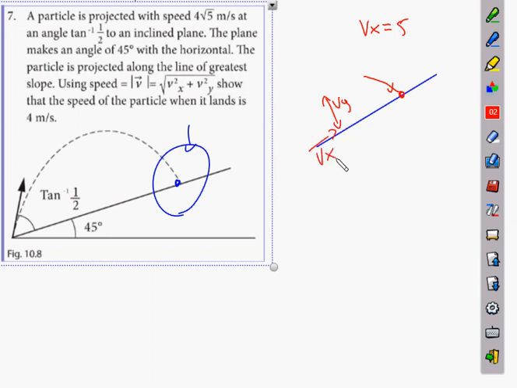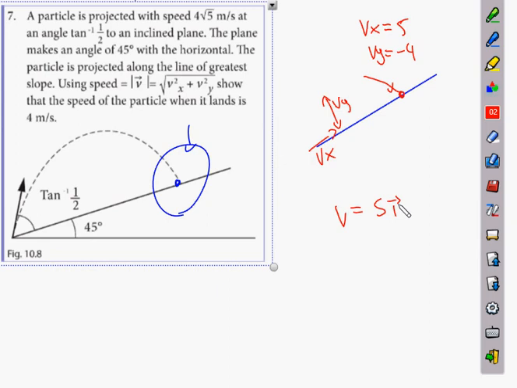Your overall velocity is a combination of vx plus vy. An example would be if vx was equal to 5 and vy was equal to minus 4. Your overall velocity would be 5i, if you want to call that i, you can, even though technically it's not i because there's a new xy axis here, okay?